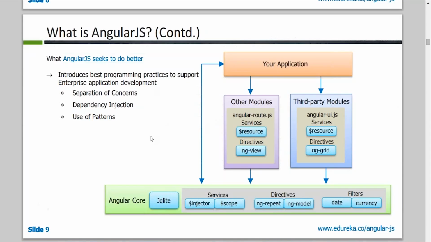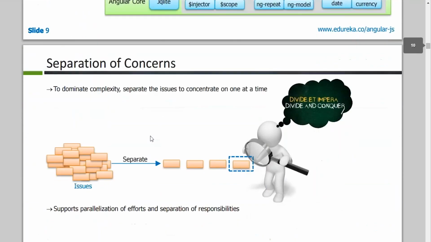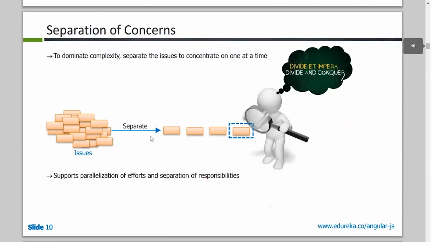All right, great. So let's quickly look at what is separation of concerns. When you create an application, there are a lot of features and a lot of issues that you have to take care of. Most often than not, if you are not segregating your code, if you're not creating clean code, it gets jumbled up and you have an issue creating the architecture or maintaining that application.